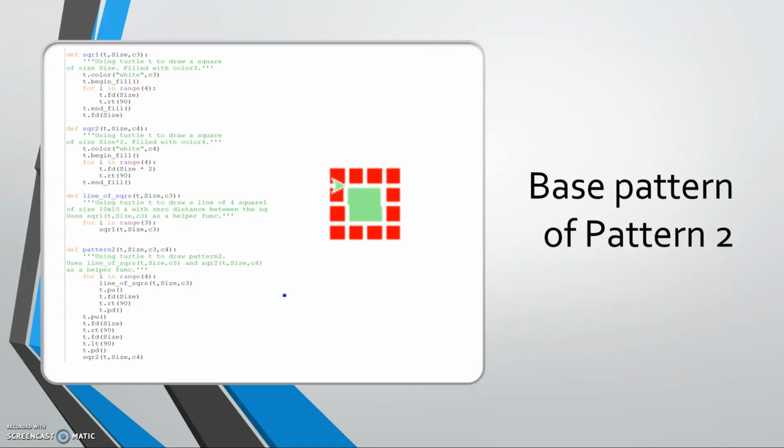It did almost the same way, but just draws the line of squares 4 times, so it will become a big square. And after it draws the last line of squares, I let it move from here to here, so it can draw the big green square later on.